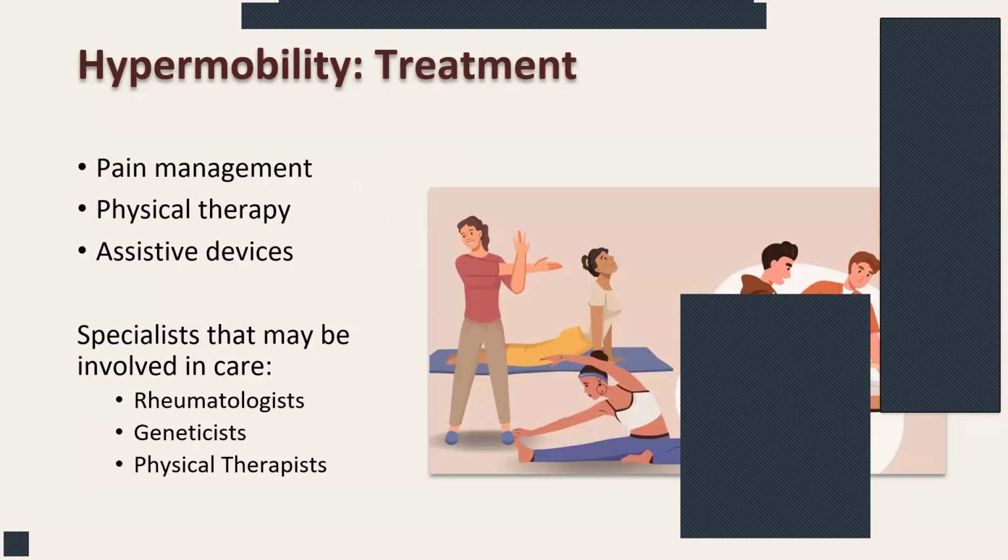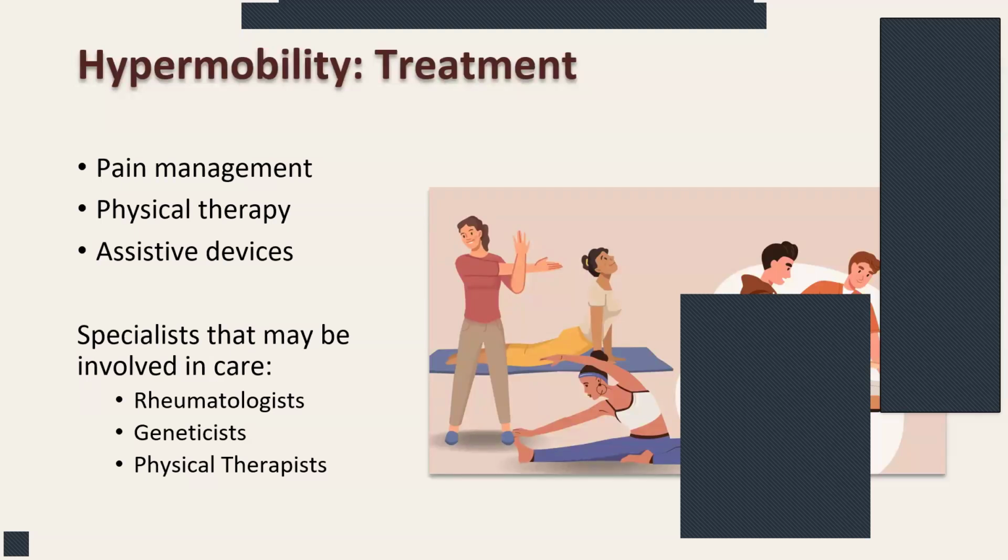So treatment for hypermobility really is pain management, looking at physical therapy to help support those joints, and then when necessary, use of assistive devices. Managing pain associated with hypermobility is a lifelong process because there is no cure for it. Medications that can be used are analgesics, so those are things like Tylenol.